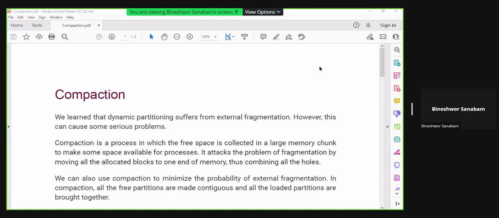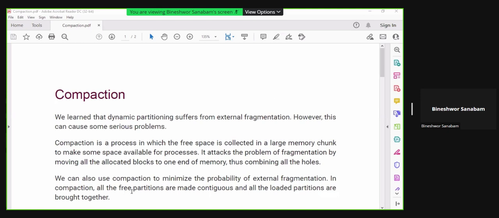So this compaction is trying to bring all those free memory partitions together. It will bring the different free partitions together, and this compaction is going to minimize the probability of external fragmentation.